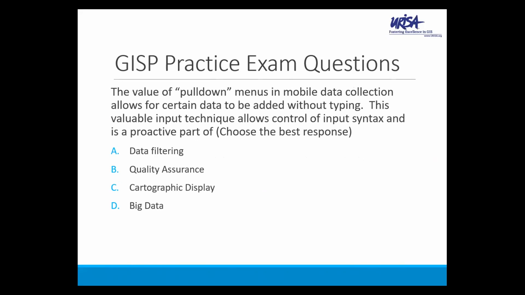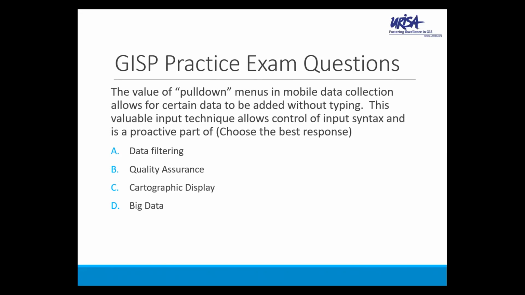With respect to collecting field data, this question addresses two areas: the field data collection, and a question about QA/QC, the value of pull-down menus. Field choices in mobile data collection allow for certain data to be added without typing.